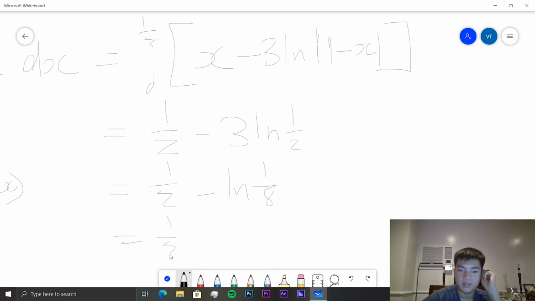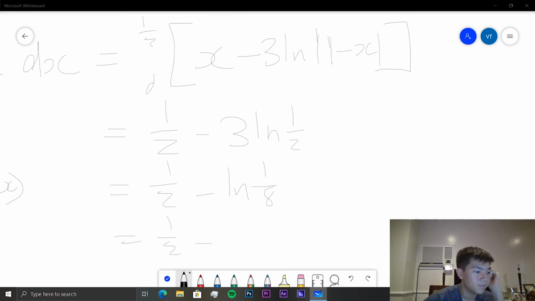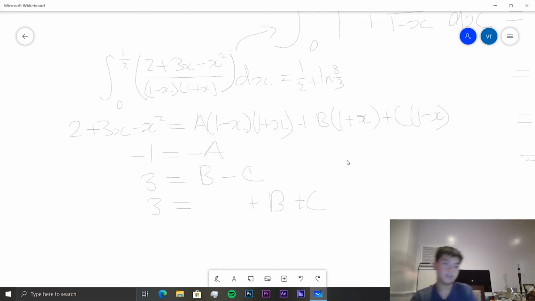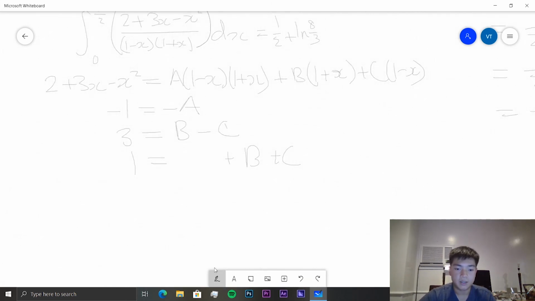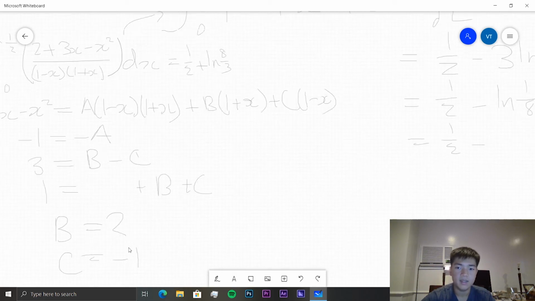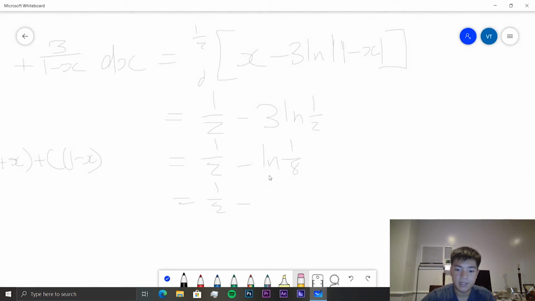Why is this? Oh, it's actually 1. Oops. Yeah, my bad, sorry. So b is equal to 2, c is equal to −1. Oopsies. So yeah, we need to rewrite this a little. Sorry, I made a little mistake there.